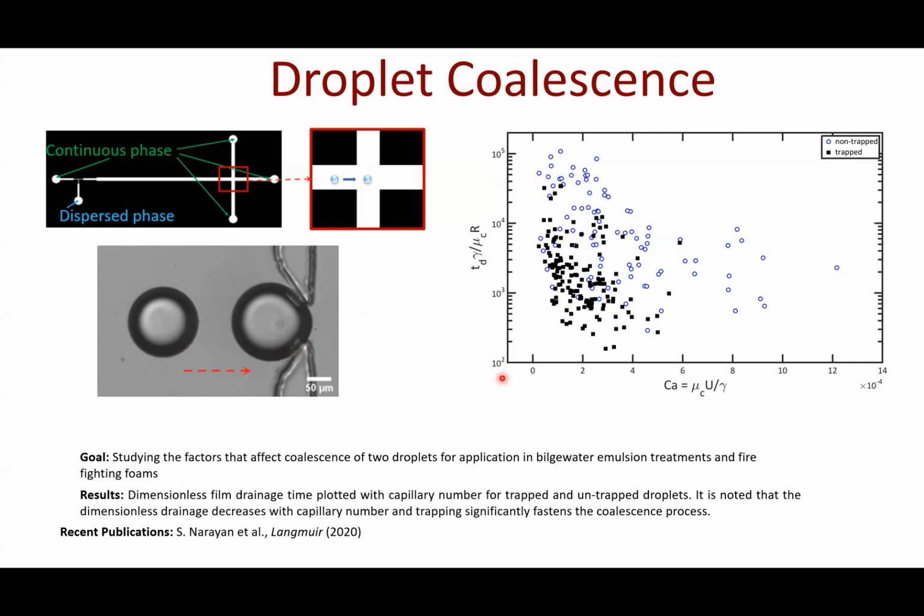As you can see in this plot here, the non-dimensional film drainage time for that of the trapped droplets is lower than that of the untrapped droplets. This shows that when you introduce a heterogeneity in the coalescence process, it helps in decreasing the thin film drainage time.